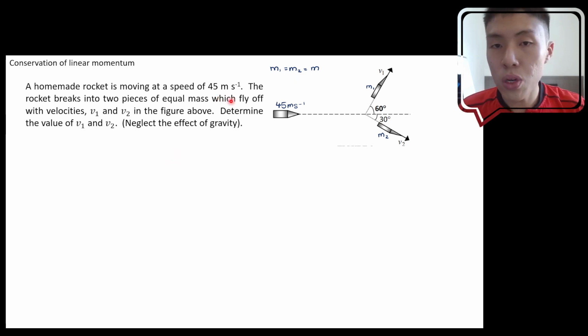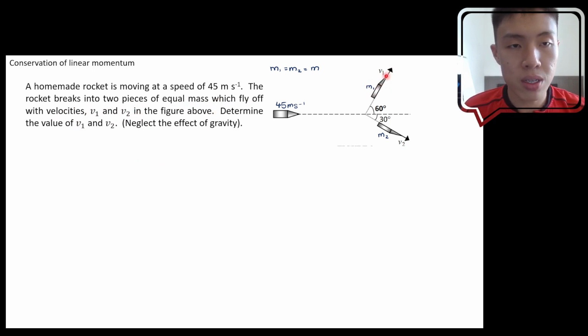Okay, so which fly off with velocities v1 and v2 in the figure above. So you have m1 moving at v1 in the upper right quadrant, whereas m2 is moving at v2 in the lower right quadrant. Determine the value of v1 and v2. So now they ask us to determine what is v1, what is v2.